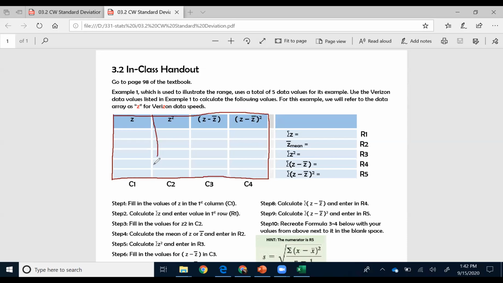We need 1 column, 2 columns, 3 columns in that first row. Then we're going to have a little title bar. And I want y'all to put a Z here, Z squared. This should put a Z minus Z bar.